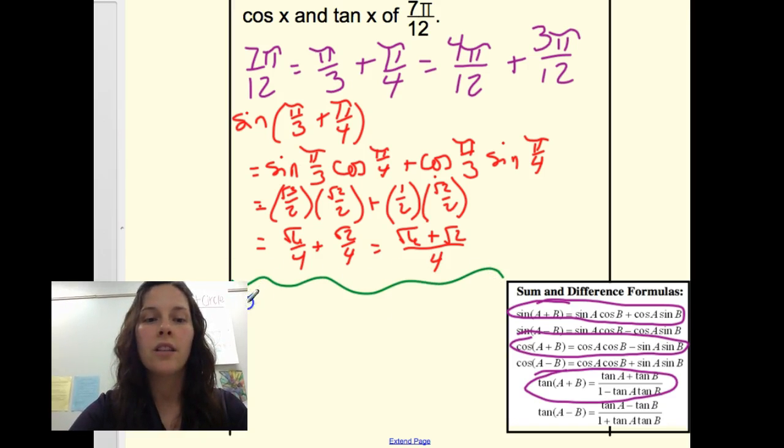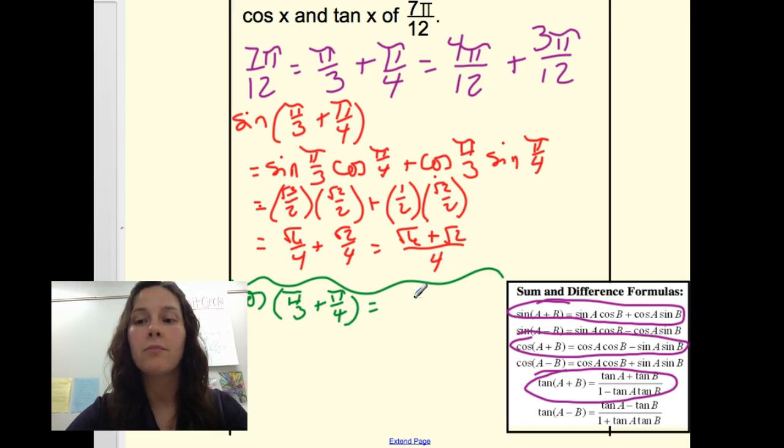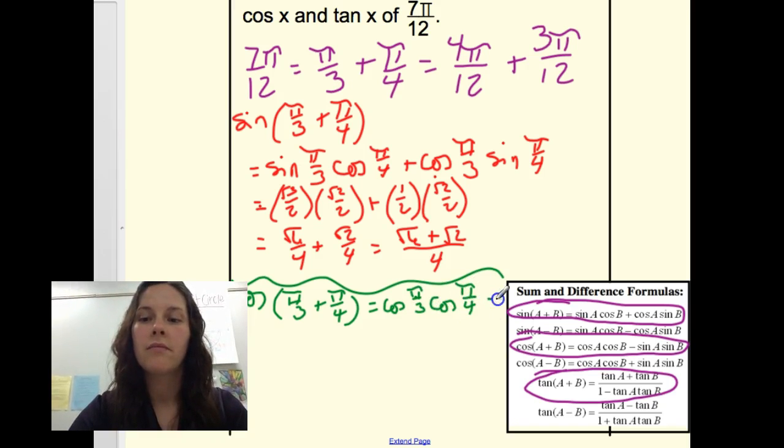So looking at cosine of pi over 3 plus pi over 4, we're going to have almost exactly the same answer except for subtraction. So we have cosine of pi over 3 times cosine of pi over 4 minus sine of pi over 3 times sine of pi over 4.